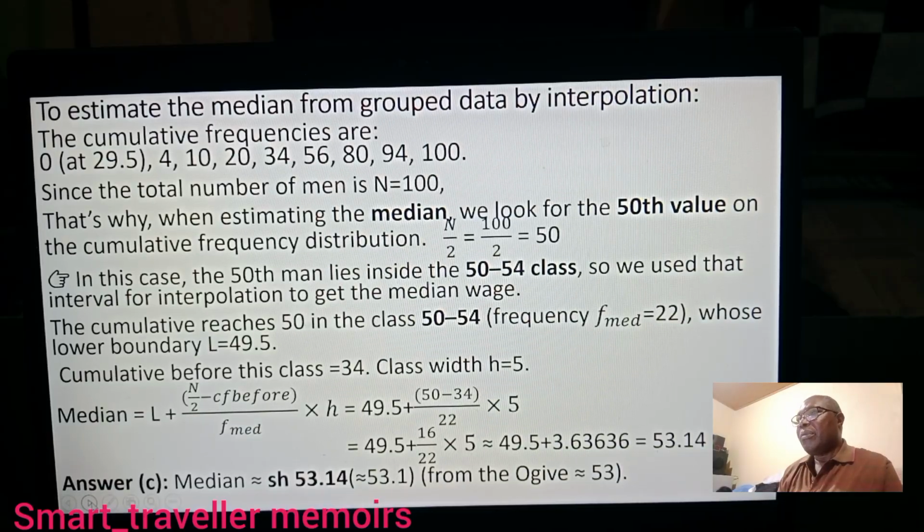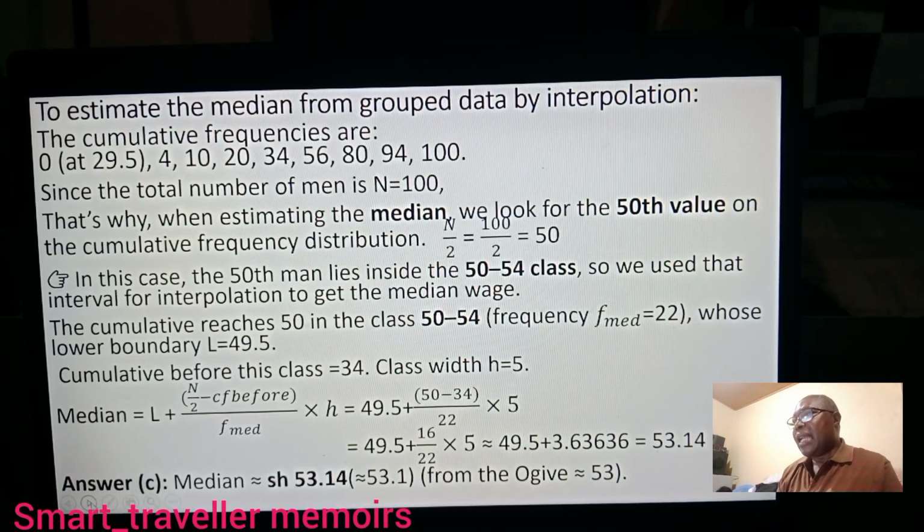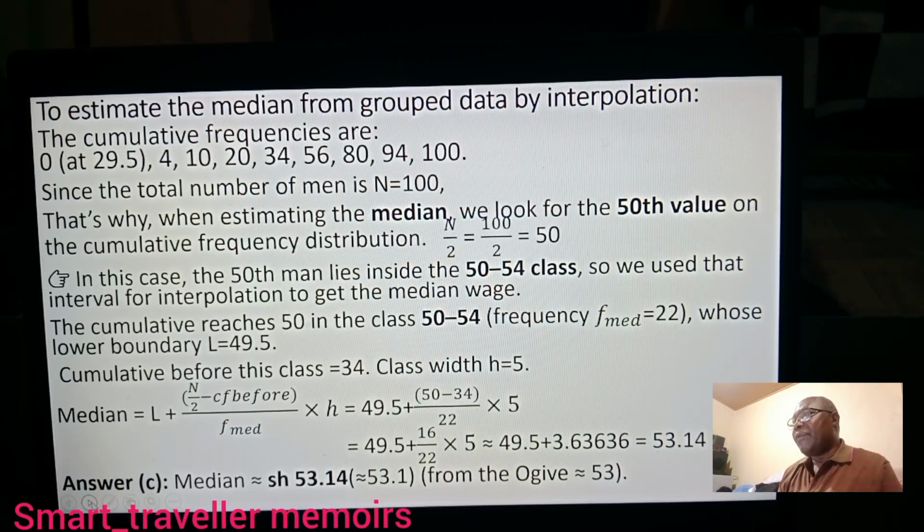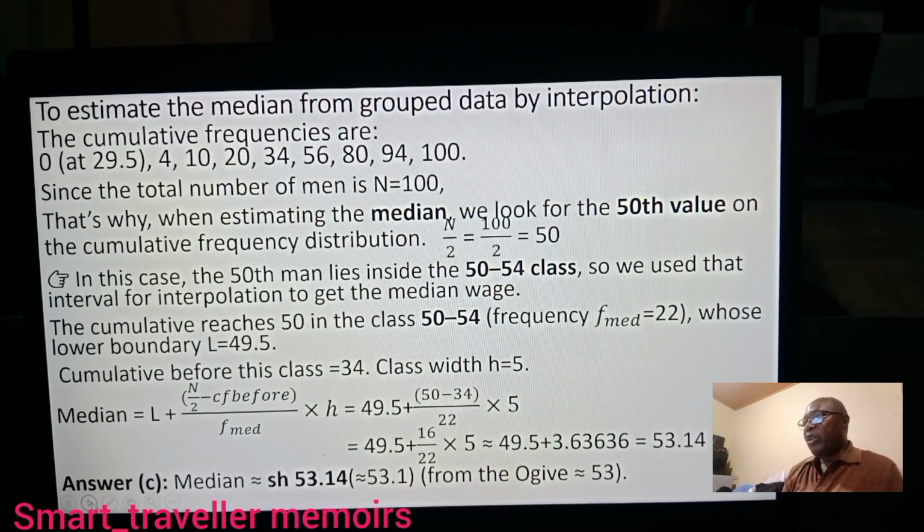Since the total number of men is 100, when estimating the median, we look for the 50th value on the cumulative frequency distribution. That is, n over 2 is equal to 100 over 2, which is 50. In this case, the 50th man lies inside the 50 to 54 class. So we use that interval for interpolation to get the median wage.